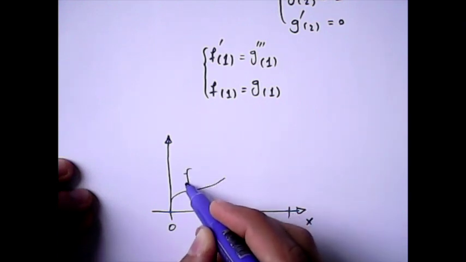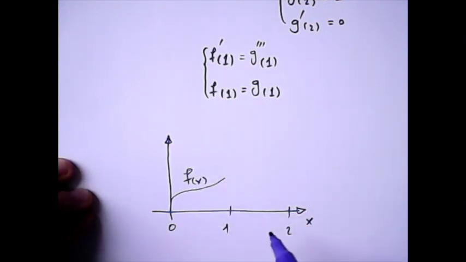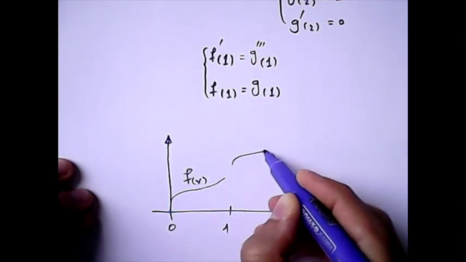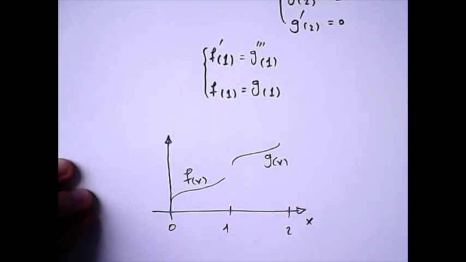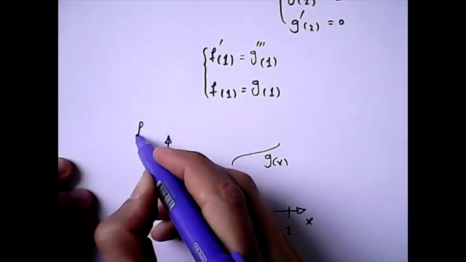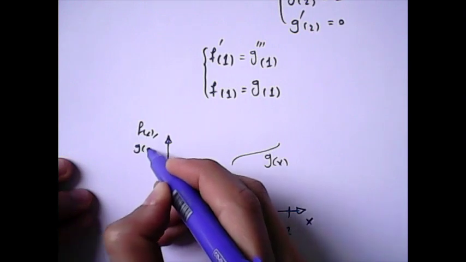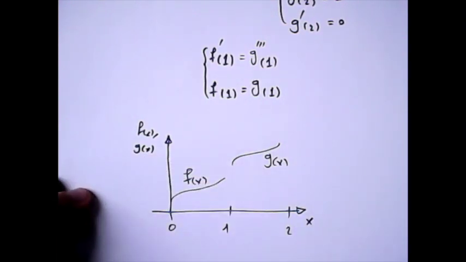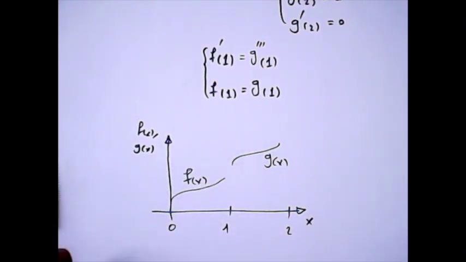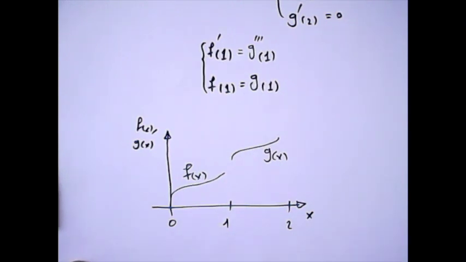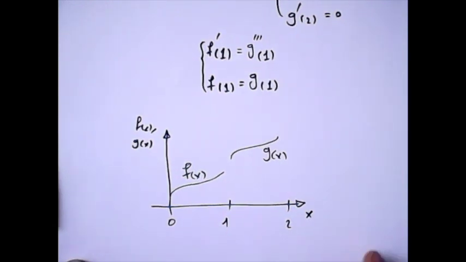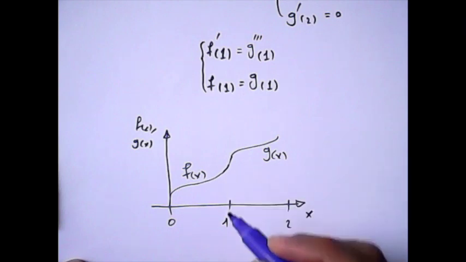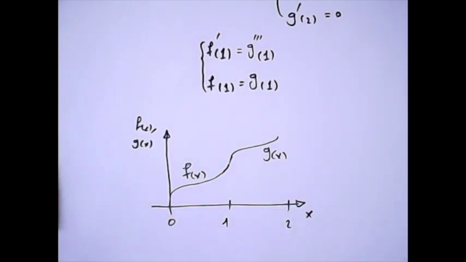I'm just going to draw something so you know what goes where. And from 1 to 2, plot g. And this one is just f of x and g of x. So do that and just take a look at how this one and the previous one differ. Alright, we'll solve this in class.